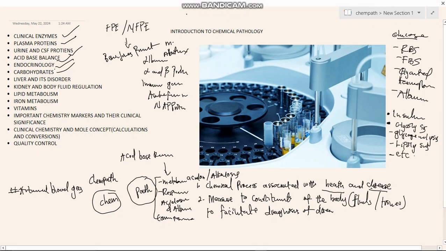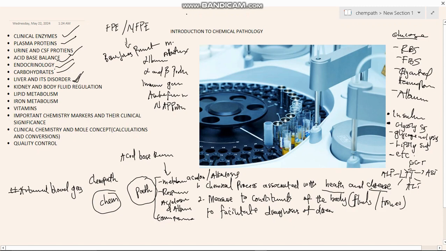Then after that, we'll come and talk about the liver and its disorders. So for the liver, we'll first talk about the physiology of the liver. Then we'll talk about bilirubin synthesis. Then we'll talk about the liver function test. So here we'll dive much deeper into the liver function test. We'll talk about all the enzymes that contribute to liver function tests: ALT, AST, GGT, ALP.